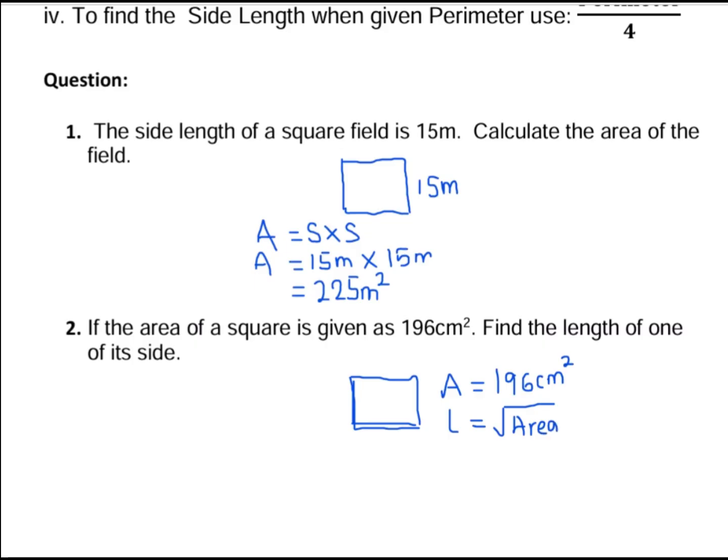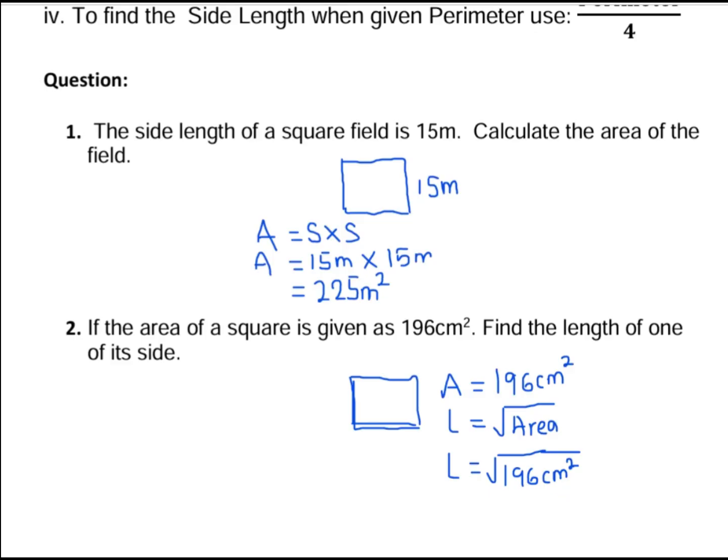So our length equals square root of 196 centimeters squared. And if you find it difficult to find the square root of 196 centimeters squared, you can use your prime factorization method. Of course, you should know square of numbers, but if you're finding it difficult, use prime factorization method. You will get your answer.